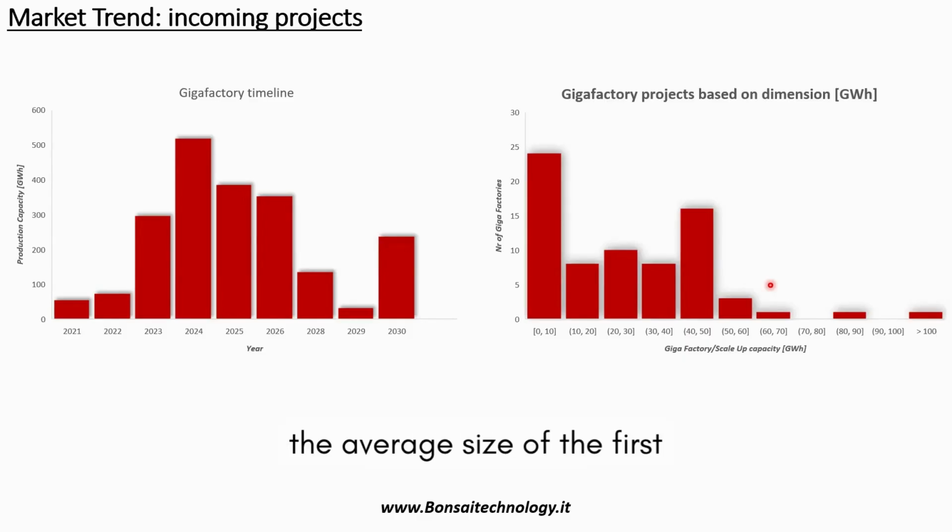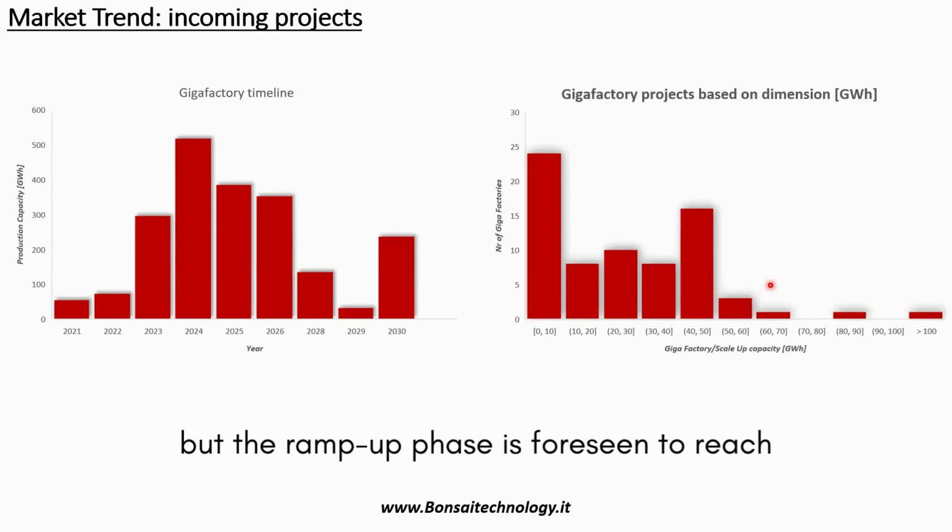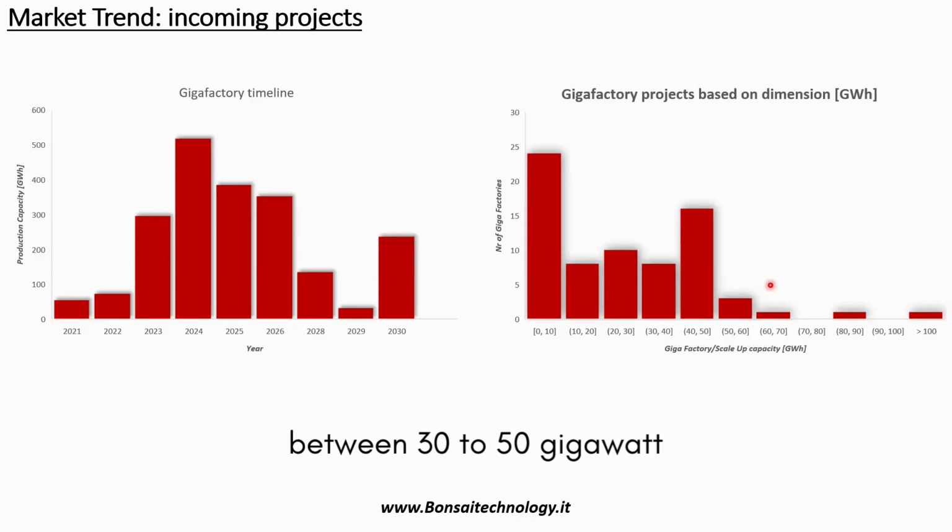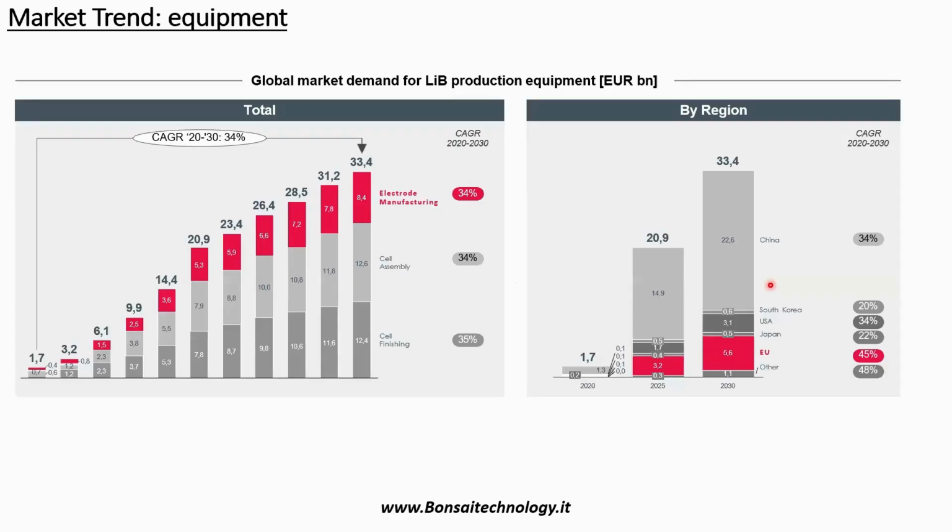The average size of the first step factory is between 1 to 10 gigawatt hours per year. That, believe me, is quite a huge plant, with many production lines. But the ramp up phase is foreseen to reach between 30 to 50 gigawatt hours per year.